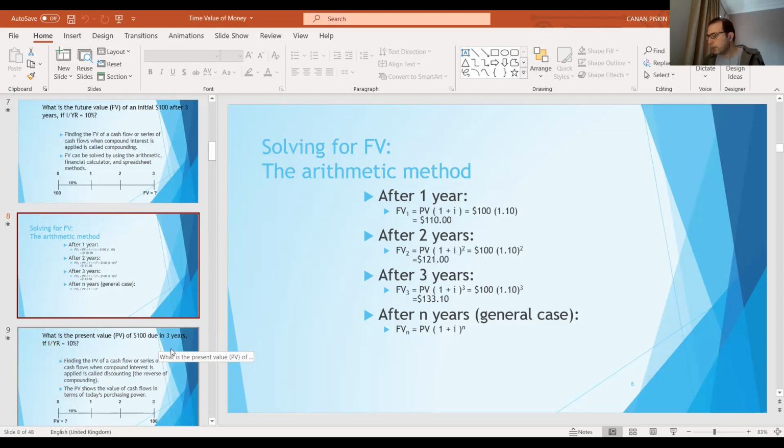So with 3 years, our formula is: future value is equal to present value, which is 100 in this case, times 1 plus interest rate, which is 10%, times 1 plus 10%, times 1 plus 10%. So altogether, future value is equal to present value times 1 plus interest rate to the power 3. So we can rewrite the equation like this.